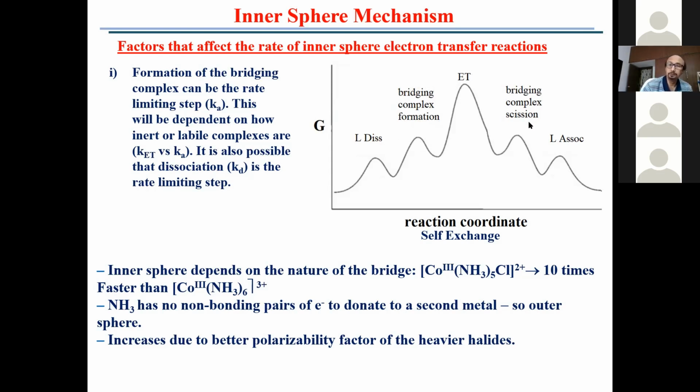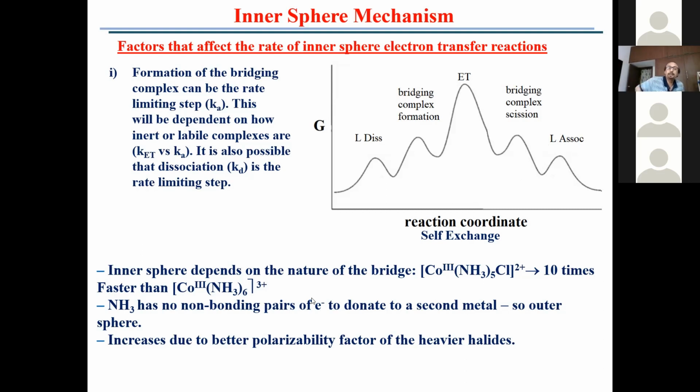Then the bridge will break, and then the L which was dissociated in the beginning would get associated with one of the products, and that is this. So there are two ways to think, depending on which particular reactions you are considering. You have to see it. This could be the limiting step in most of the cases, but in certain cases, this could also be the limiting step, or the rate determining step.